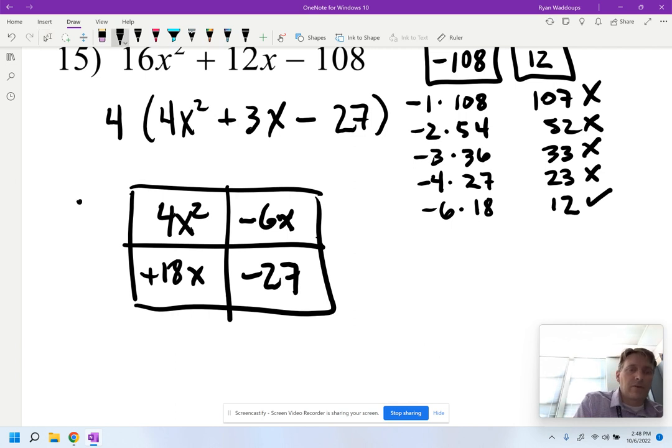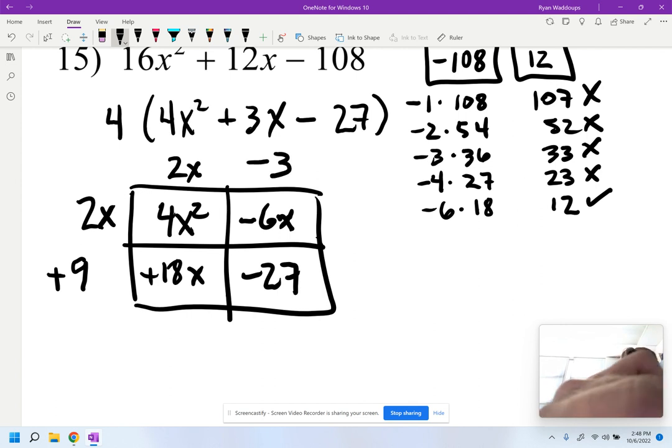So we got 2x here, and I'm going to say 9 here. Make that positive. These have a 2x in common, and these have a, let's say, negative 3. I just want to double check. I haven't done that all with all of these.